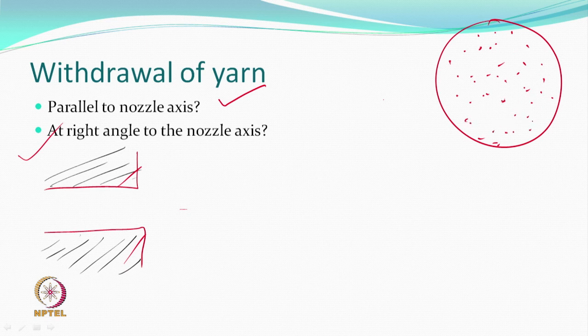Of course, they will be changing their positions and migrating, but at any given point of time, every part of the cross section is approximately filled up with some filament or the other, right.